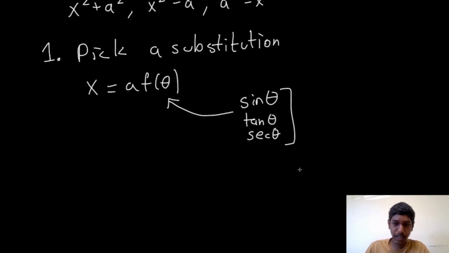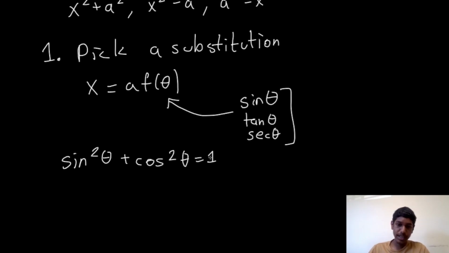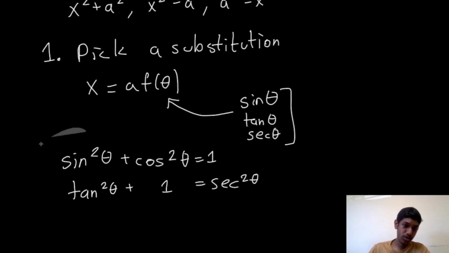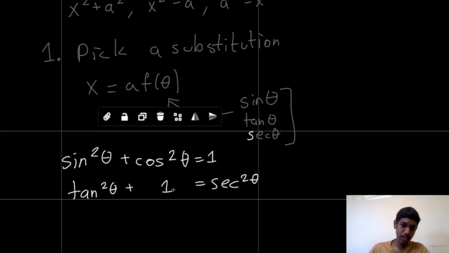And these three categories really come from Pythagorean identities. So there's this one, and then there is this identity here: tangent squared plus 1 equals secant squared theta. These two are the primary ones that you use in trig sub to simplify things.